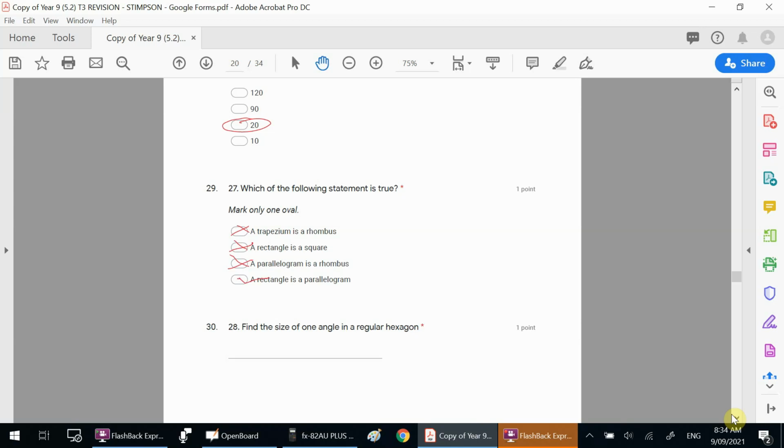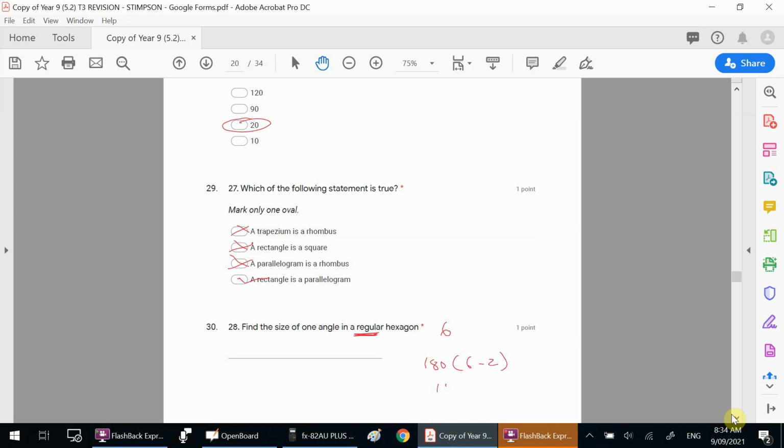Size of one angle in a hexagon. Okay, a little bit of maths to calculate the size of one angle. A hexagon is a 6-sided figure, and so you need to know the angle sum before we can find the size of one of them. And a regular one, all 6 angles are the same size. So formula, 180 times number of sides minus 2.